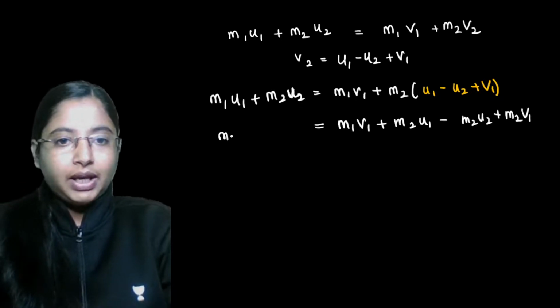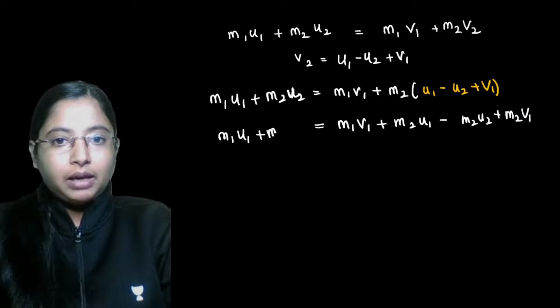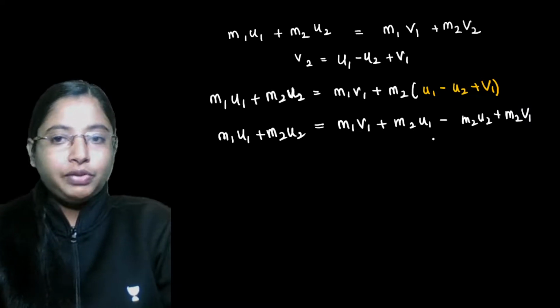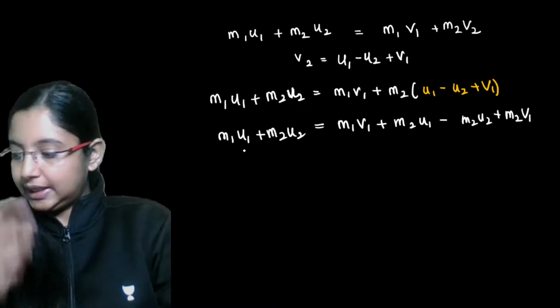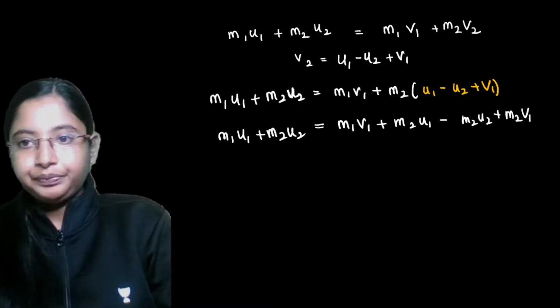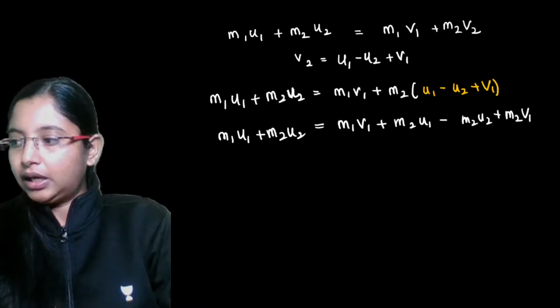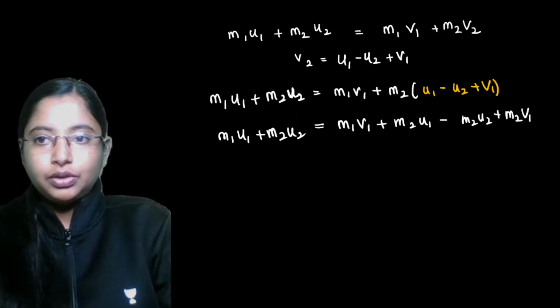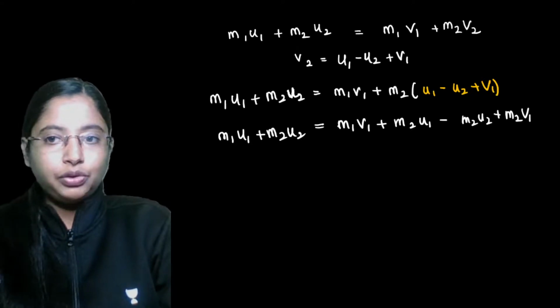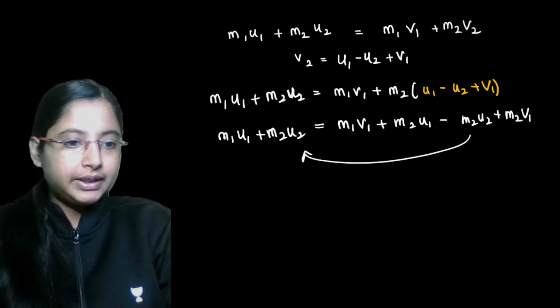Now on the other side we have m1 u1 plus m2 u2. If you see here we have m2 u2, and here we have minus m2 u2. So let's take this term to the other side.